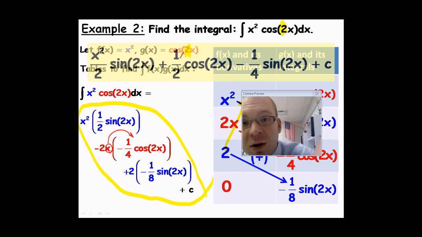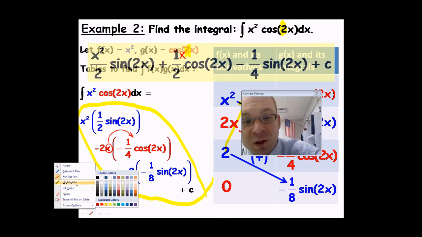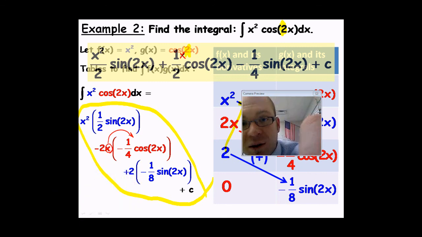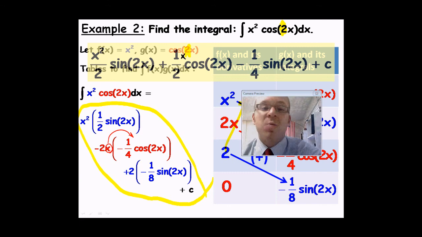So there should be a 1x over 2. Let's change that to black so it's a little easier to see. There it is. So it's 1x over 2 cosine of 2x right here. I do apologize for that. But the rest of this should be just fine.